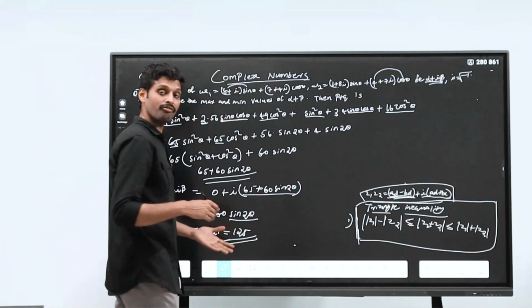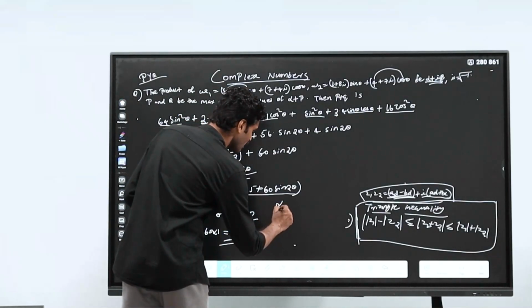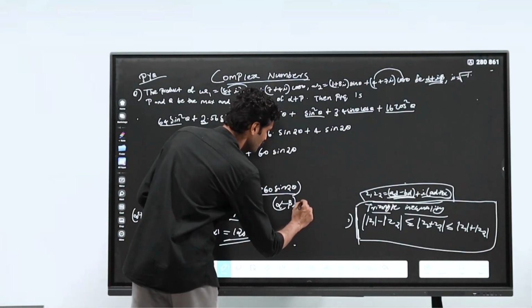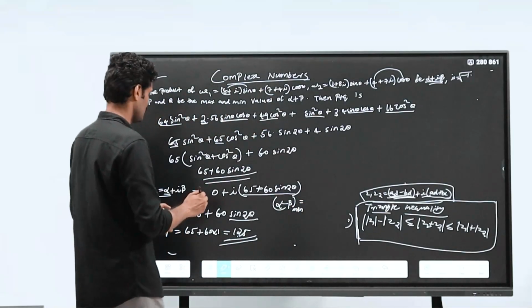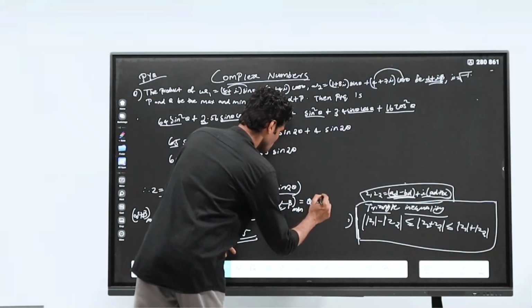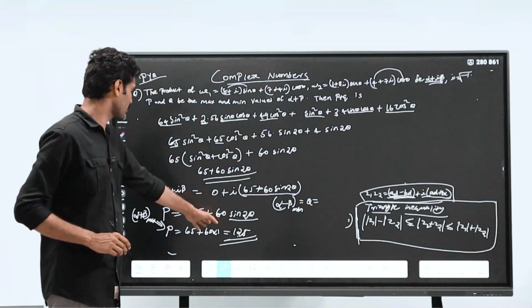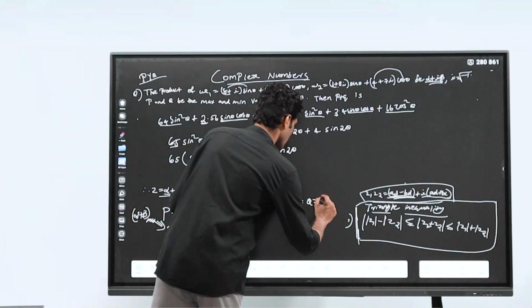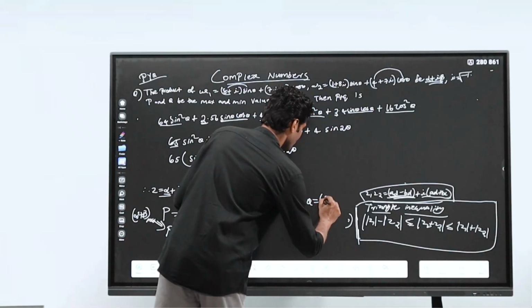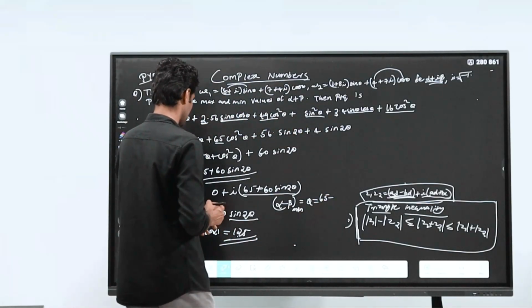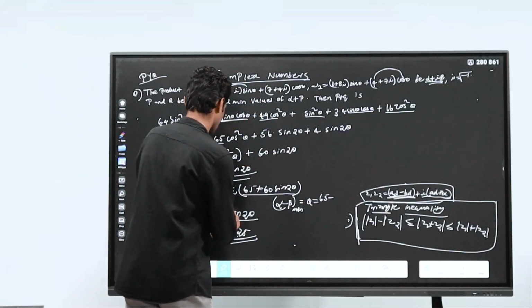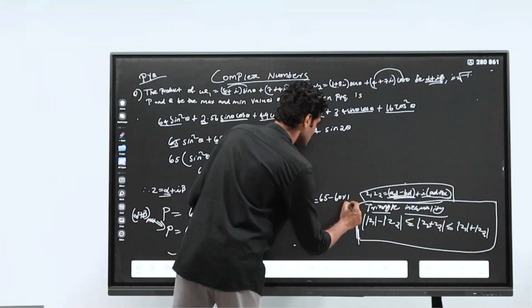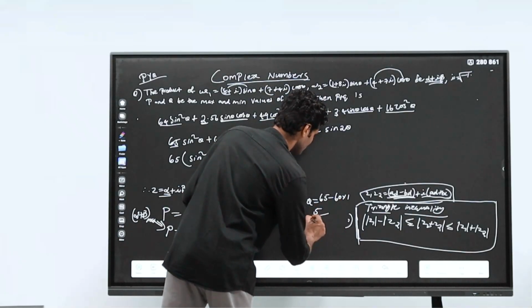Then we need to find the minimum value, that is alpha plus beta minimum, which we denote as Q. So how can we find Q? Q is 65 minus 60 into sine 2 theta, that is 60 into 1, so that is 5.